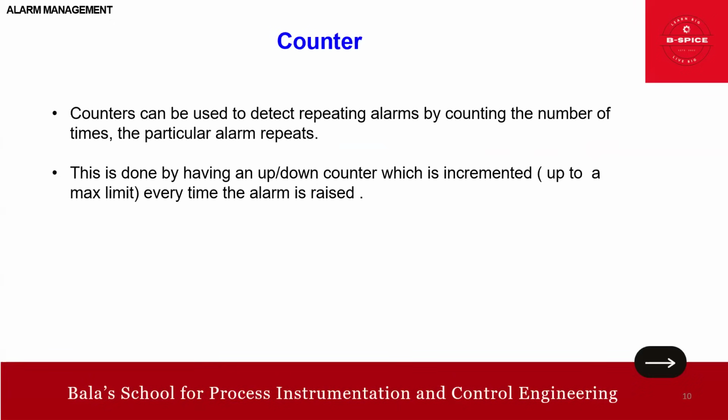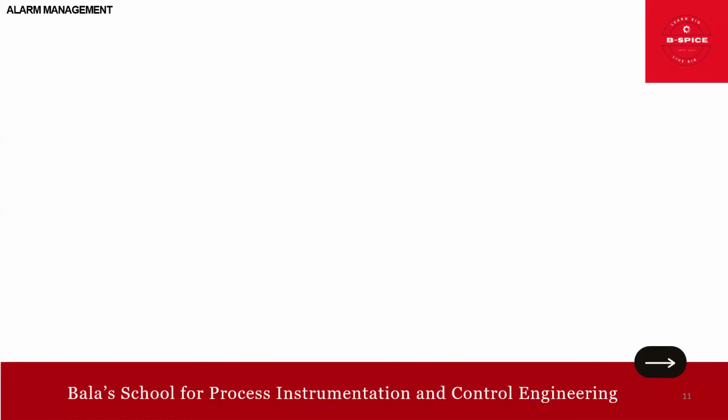If the alarm is repeating, the counter eventually increments above a repeating limit. Up to this point, all alarms are displayed to the operator in the normal way. After the repeating limit is reached, the alarm is displayed to the operator as standing, and all subsequent rising or clearing alarms are hidden from the operator. Okay, this is the counter.